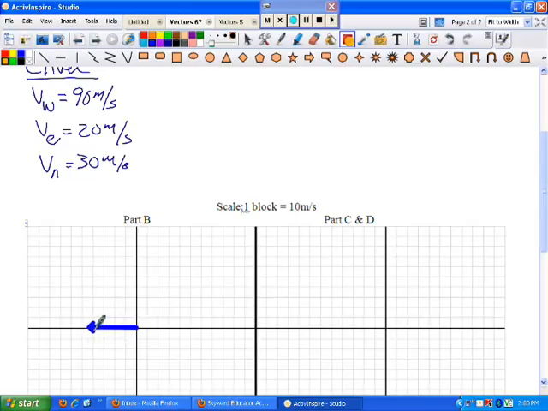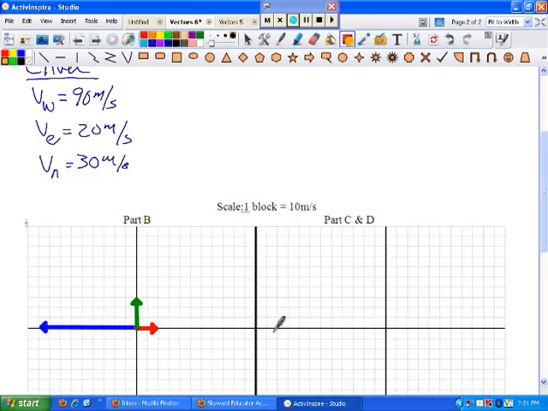So I begin by pulling out that information and then drawing each one of my vectors as they would emerge from the origin so that I can see all of the velocities at work on one object or on one individual point. So we have our velocity towards the west, our velocity towards the east, and then our velocity towards the north.